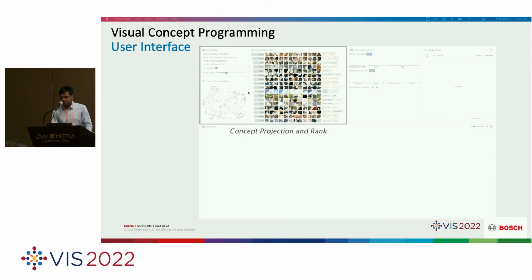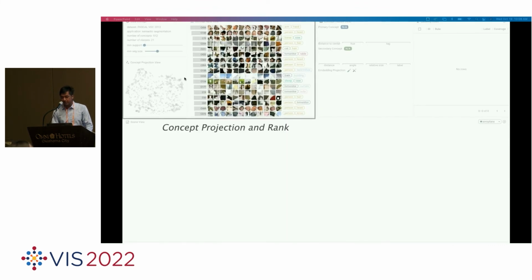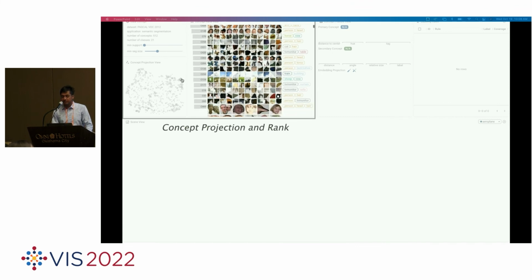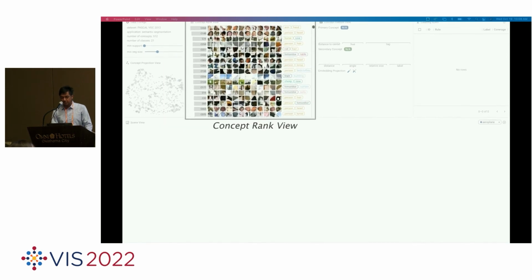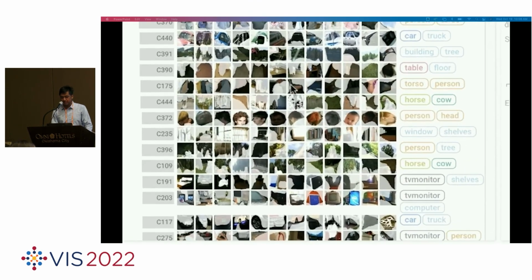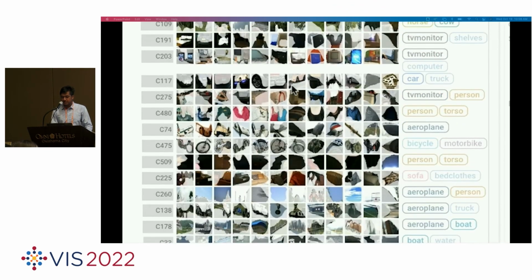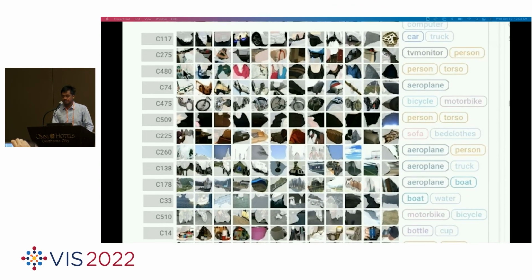We'll now see different views of our visual interface. First, we have the concept projection and rank views to explore and identify visual concepts. The projection view visualizes the concepts in a 2D plane. The rank view visualizes the concepts in a list. It shows sample segments belonging to each concept.